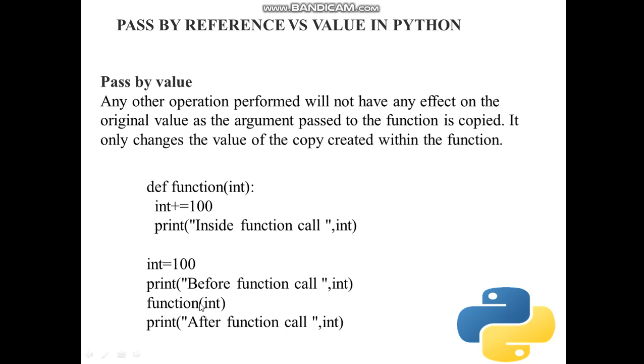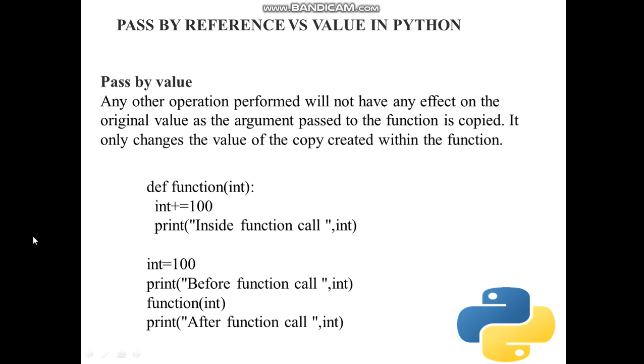Then I'm calling the function and I'm passing this int inside that function. Now what output will it generate? Inside the function call, it will generate int 100 plus 100, which is 200. Then after calling the function, I'm again printing, after function call, int. Now what is the value of int? Is it going to be 200 or 100? It is going to be 100. Why?